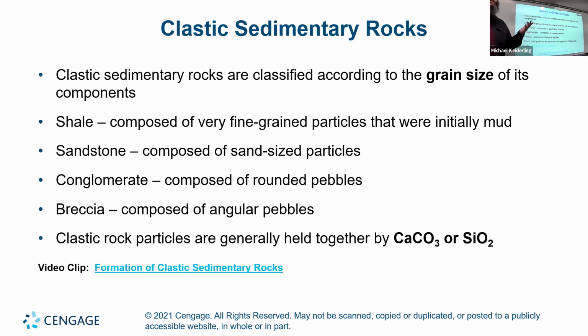Conglomerate is composed of rounded pebbles from the bottom of a stream. And breccia is composed of angular pebbles that didn't travel very far in a stream. And clastic rock particles are generally held together with either calcium carbonate, which dissolves readily in groundwater, or silicon dioxide, which doesn't dissolve as readily but is all over the place.